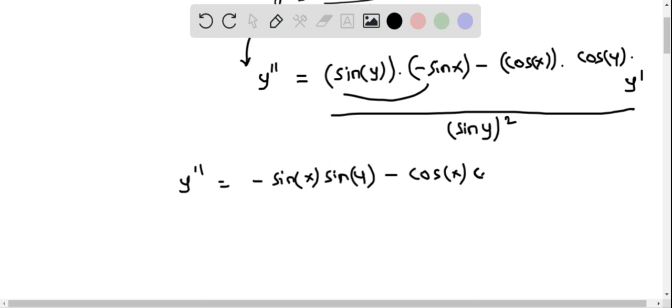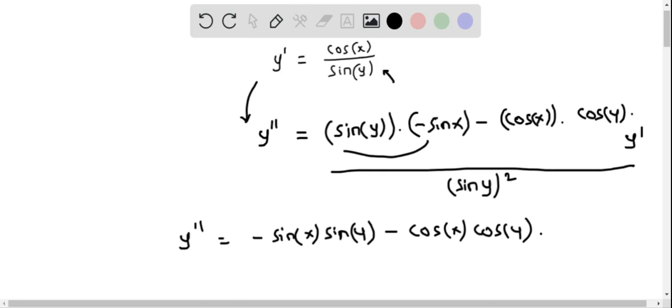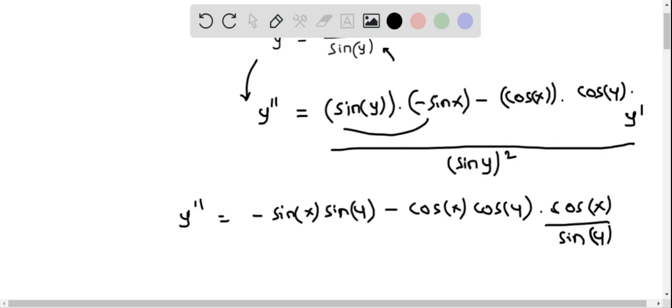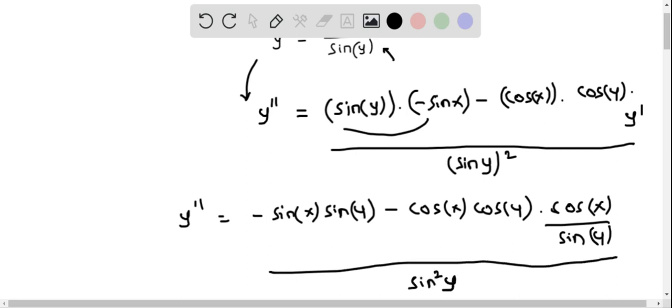The product is cosine x cosine y, and I'm going to replace y prime as we have it here, that is y prime is cosine x over sine y, and this is all over the sine y quantity square, which I can now write down as sine squared y.